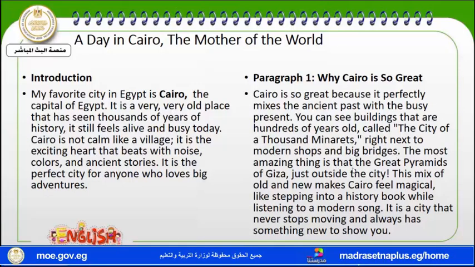The most amazing thing is the Great Pyramids of Giza just outside the city. This mix of the old and the new makes Cairo feel magical, like stepping into a history book while listening to a modern song. It's a city that never stops moving and always has something new to show.